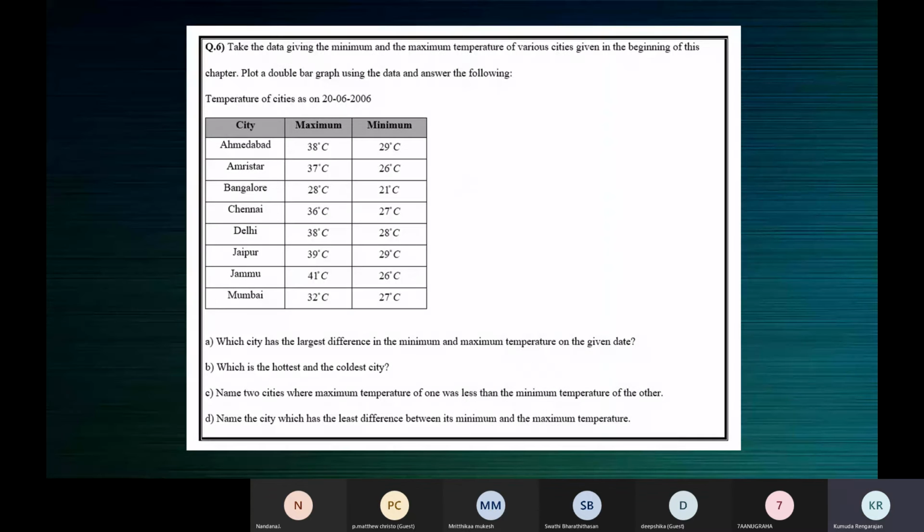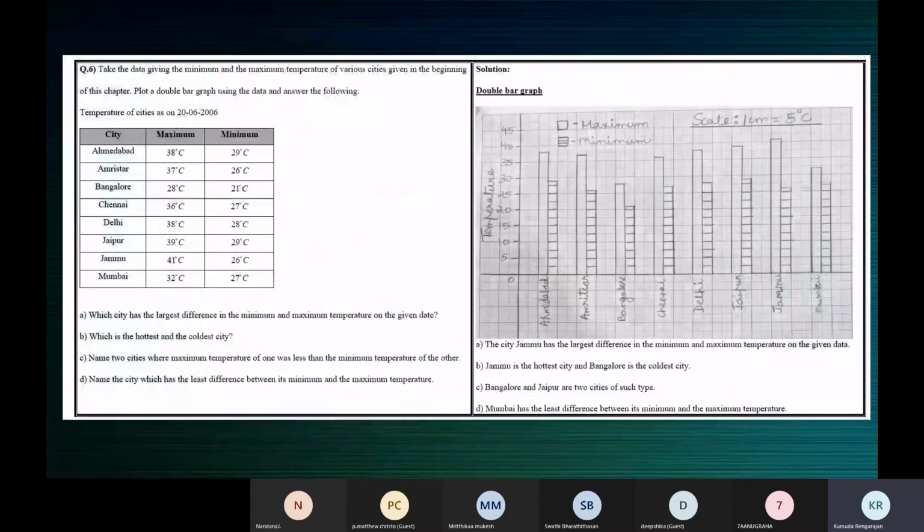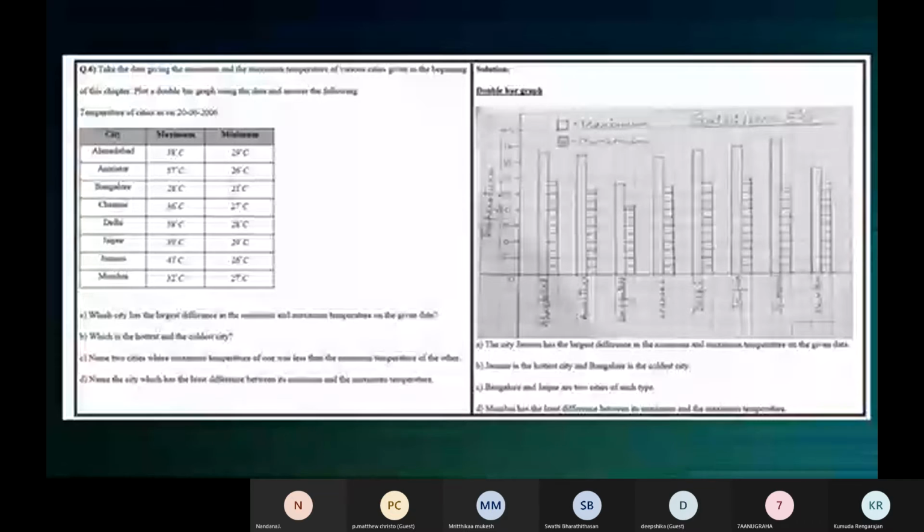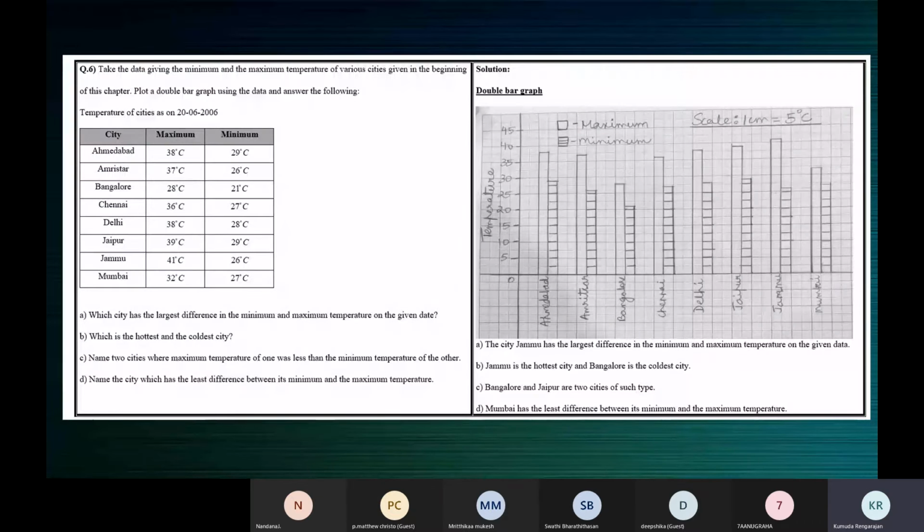And again, it's a double bar graph. Look, how do we choose the scale? Depending on the values we have in the table.